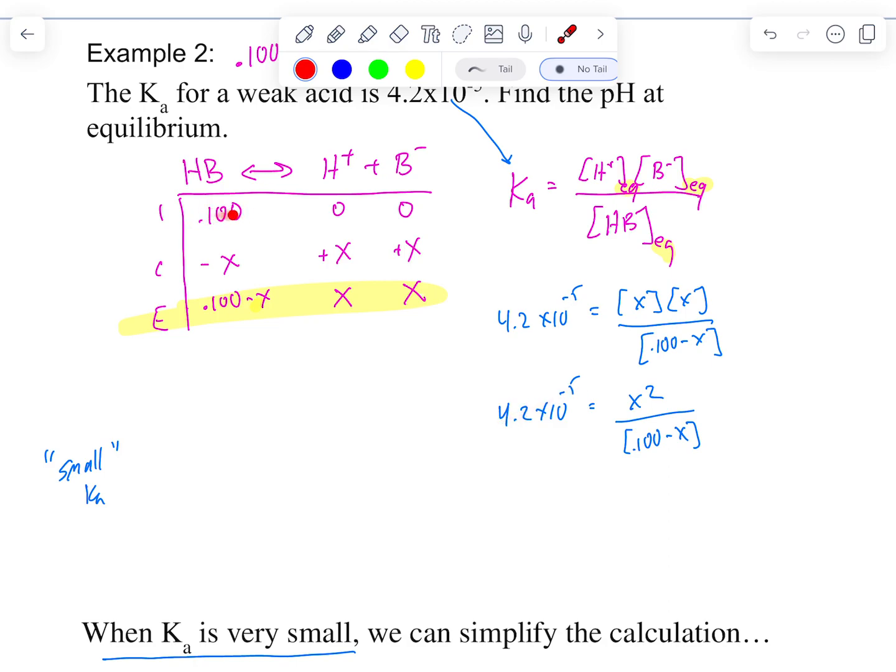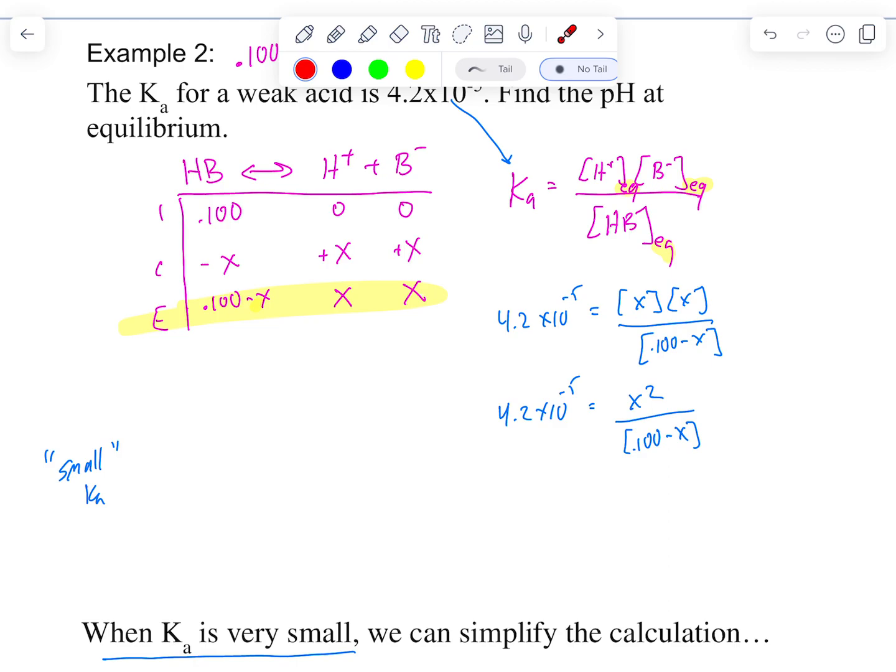Like this would be 1 times 10 to the minus 1, this would be 4 times 10 to the negative fifth. That's 4 powers of 10 apart. When you have a difference of about 3 orders or more, then that means you can ignore the subtraction of x here because the value of x will be so small it's not actually going to change the number much.